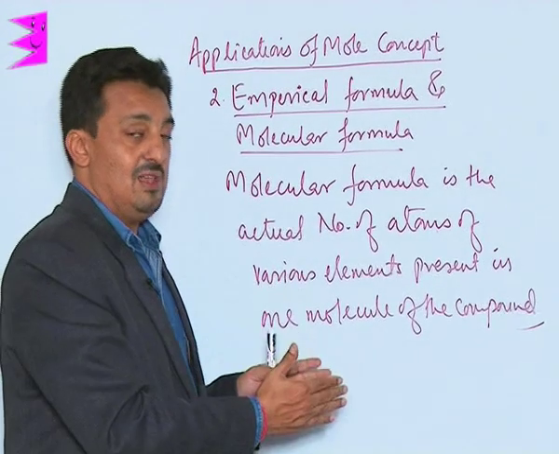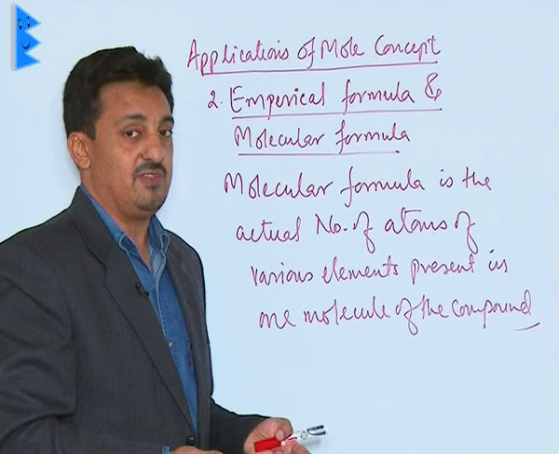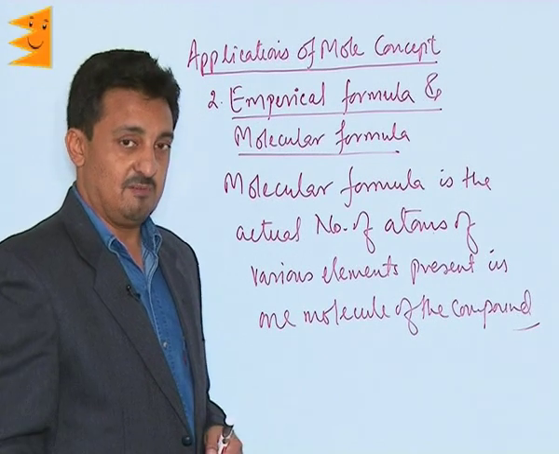So it's the actual number of the atoms which are present, and empirical is the simplest ratio of the atoms which are present in the molecule of a compound.